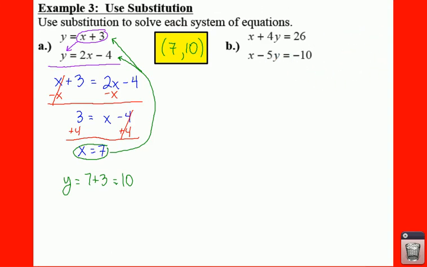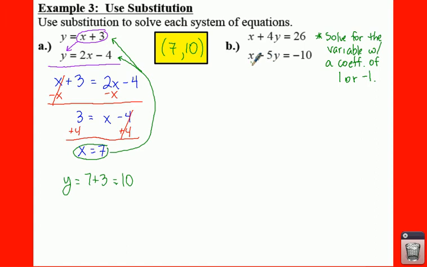I'm going to erase all this. Because you always want to solve for the variable with a coefficient of 1 or negative 1. So if you want, you can choose the first equation or the second one.